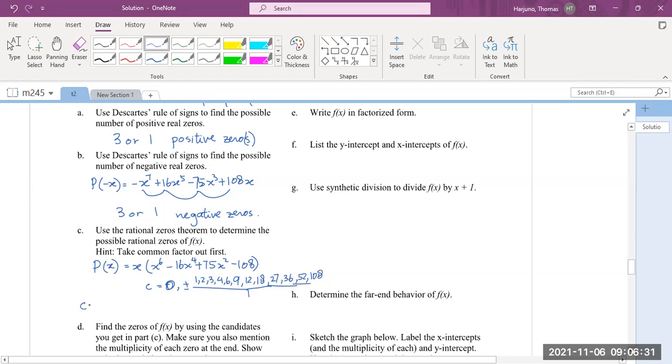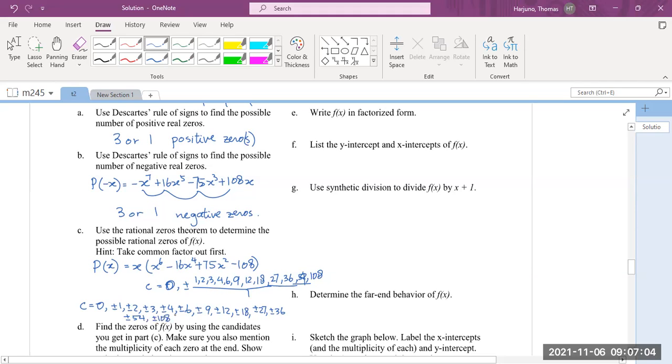So the possible rational zeros are 0 first, and then plus minus 1, plus minus 2, plus minus 3, plus minus 4, plus minus 6, plus minus 9, plus minus 12, plus minus 18, plus minus 27, plus minus 36, plus minus 54, actually 54, not 52, plus minus 108.